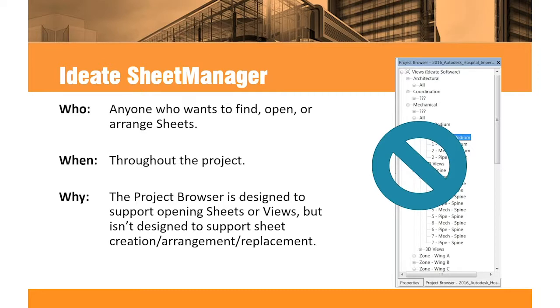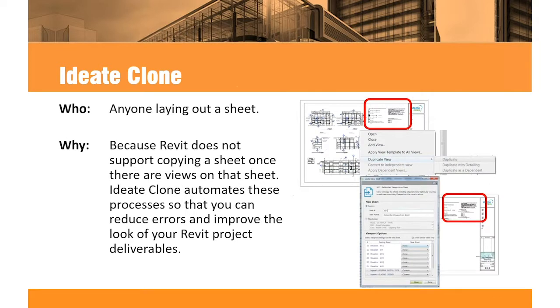We start with our Ideate Sheet Manager, and then I'm going to be showing you the Ideate Clone, which allows you to duplicate sheets and keep all of the properties of the sheet. So if you have a title block, or properties associated with that sheet, those will also be duplicated. But we can also control the viewports on that sheet.